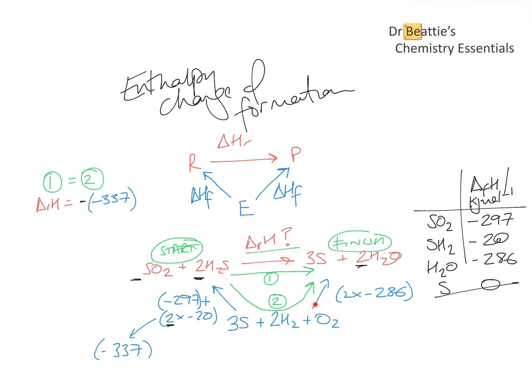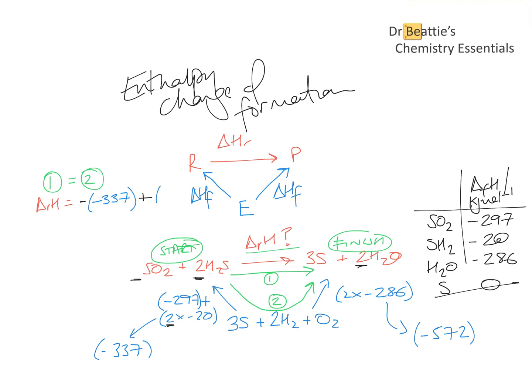And then we're at this point. The next stage is going with the arrow. Because we're going with the arrow, the next component is going to have a plus in front. Then we work out in a calculator what the sum of 2 times minus 286 is, and that works out to be minus 572.